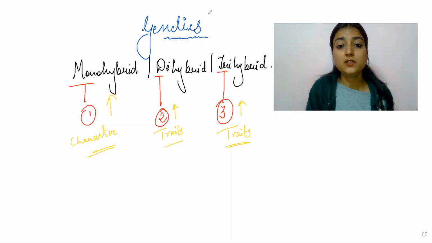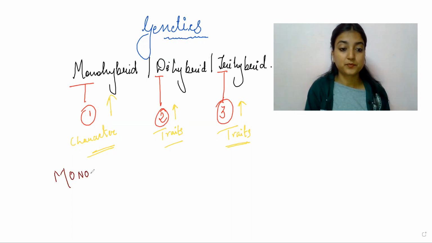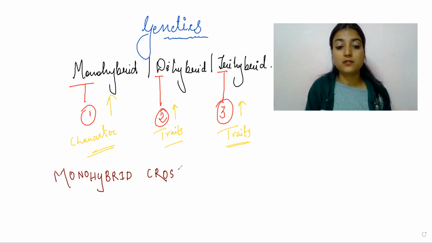Okay, so we will start with the monohybrid cross. In a monohybrid cross, we take only a single character and cross between them. Let us take the example of stem length.